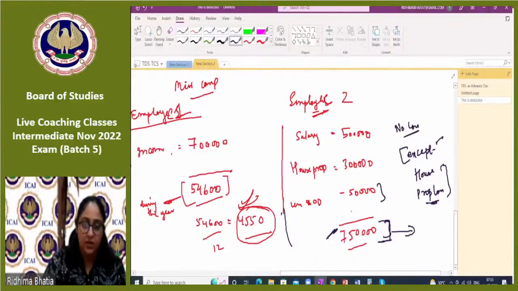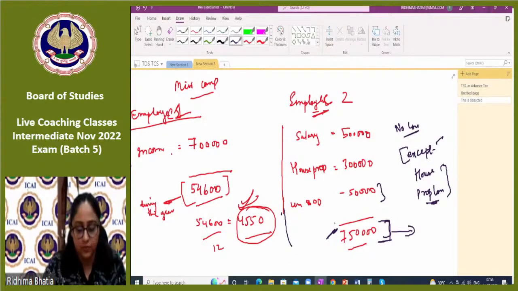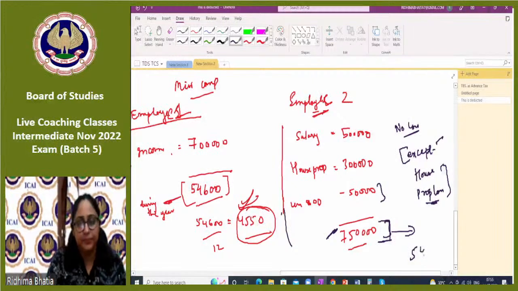So what tax liability will come on 7,50,000 with cess? 65,000. So every month he will deduct 5,416. Now you will ask, 5,417.